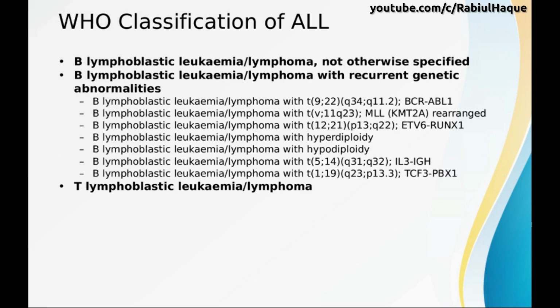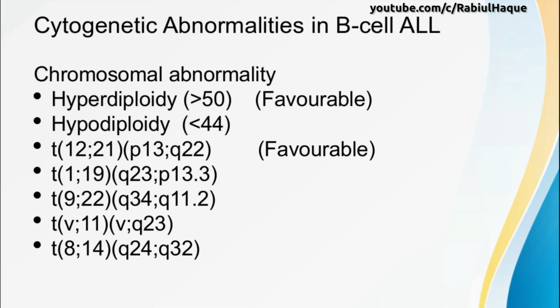In this slide, we can also see the recurrent genetic abnormalities, summarizing the cytogenetic abnormalities that we see in B-cell acute lymphoblastic leukemia. Regarding hyperdiploidy, always remember that these are conditions where cells usually have more than 50 chromosomes, and they are the most frequent abnormality in childhood precursor B-cell acute lymphoblastic leukemia, and they generally have a good prognosis.